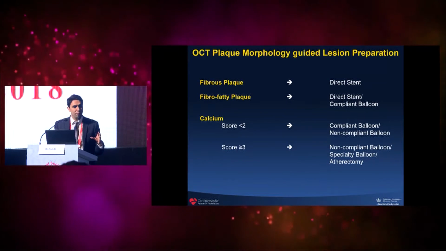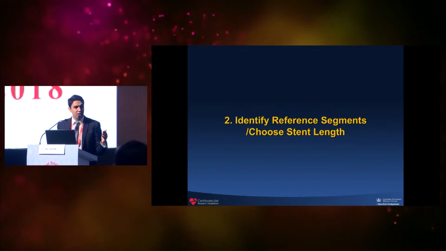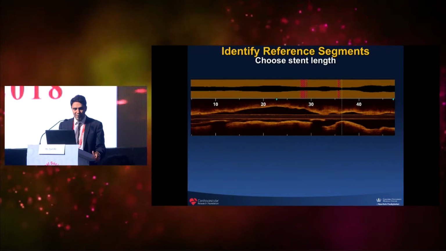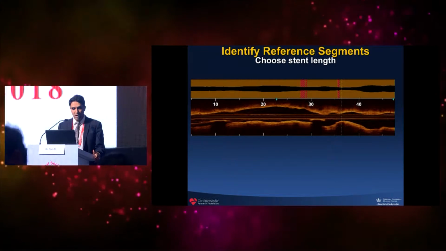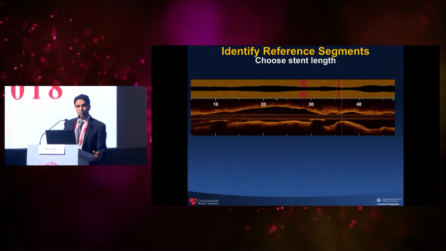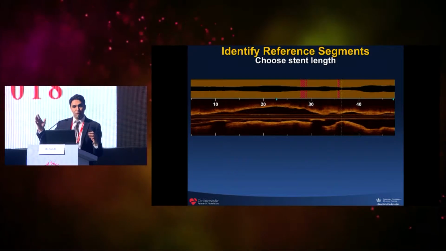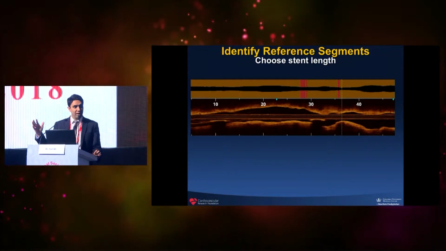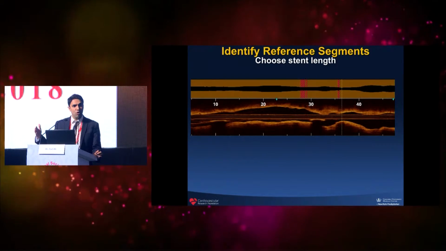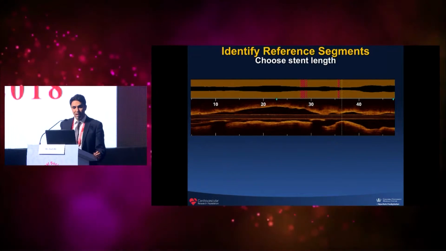Once you've determined your plaque morphology, the next step is to determine where you're going to land your stents, both proximally and distally. And the beauty of the OCT is that it has this very important feature called the automated measures, which is this cartoon-type structure. To put this in context for you, this cartoon structure is every measurement for every degree of the artery, like a CT scan, rather than taking a sagittal section of the artery, which is what is normally done either by IVUS or using angiography.